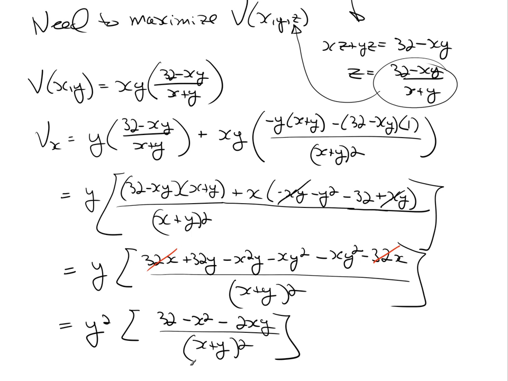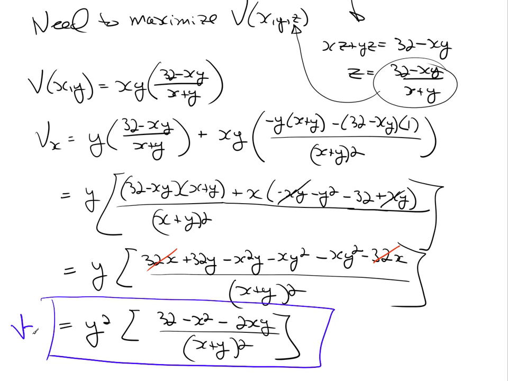Okay, I think that's probably going to be a little bit easier to work with. To make it easier to find a little bit later, I'm going to put a box around it. This is my partial with respect to x.